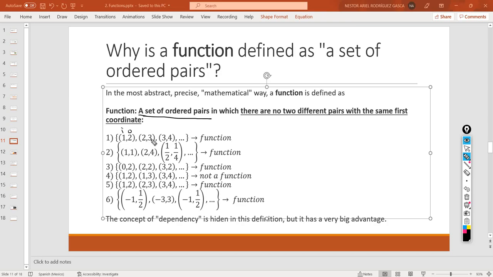Input, and then this is one unit more, and so on. So you can glimpse the rest of the pairs. Okay, so I need you to understand this very well. There are no two different pairs with the same first coordinate.